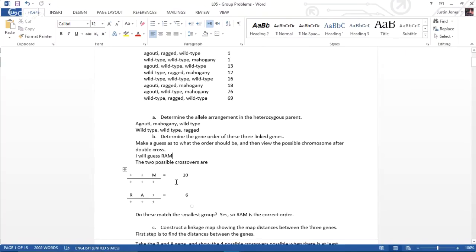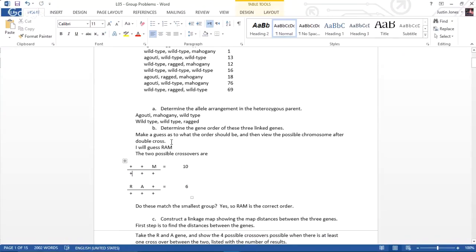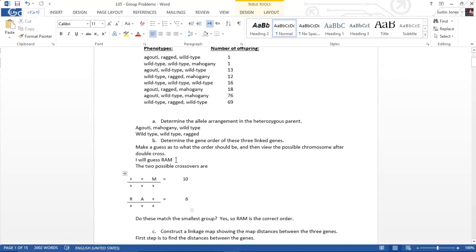So if we come down, you notice on both of these, the bottoms are all the plus for the wild type, because that's what the purebred wild type parent is going to be giving. So just to kind of write this down and make sure. I guessed RAM, and then I took this one.